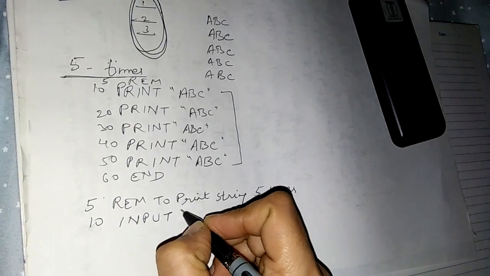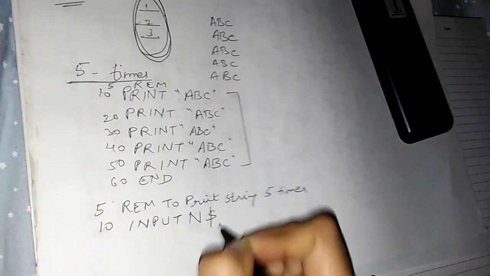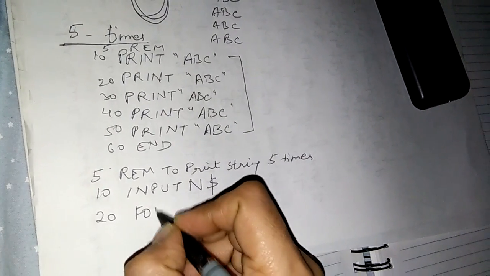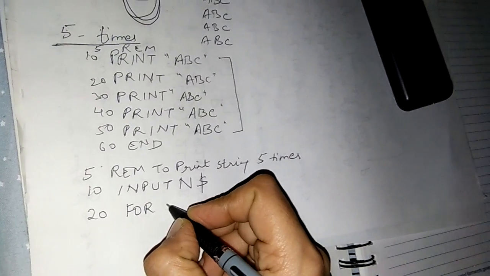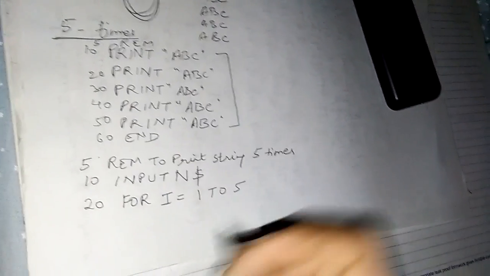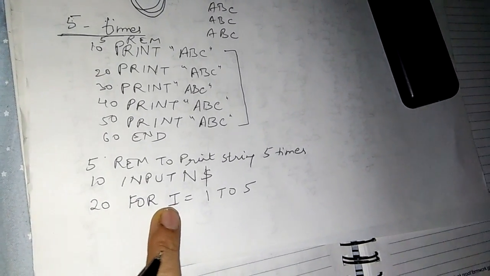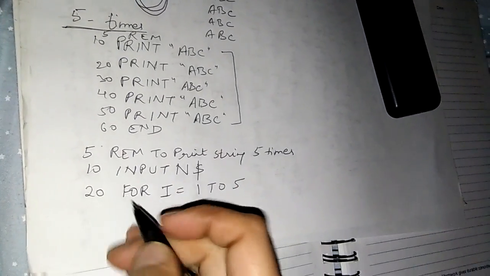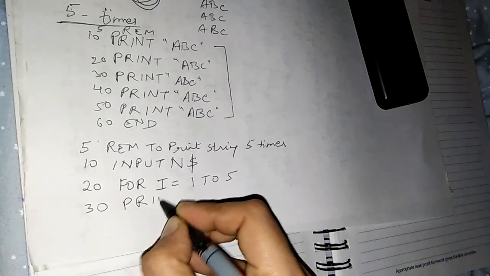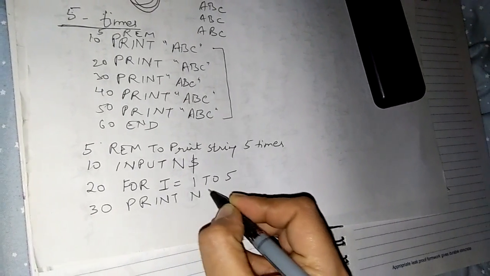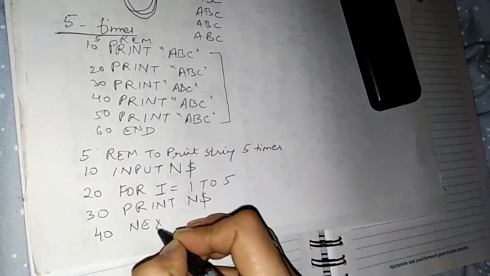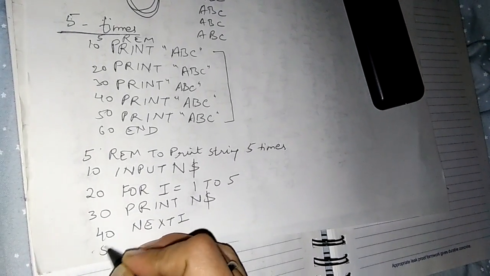Suppose he wants to display his name, so input $, and then I will use a loop for I = 1 to 5. I is a counter that counts the value from 1 to 5. Line 30, the statement to be repeated, print $, and line 40 next I, and line 50 end.